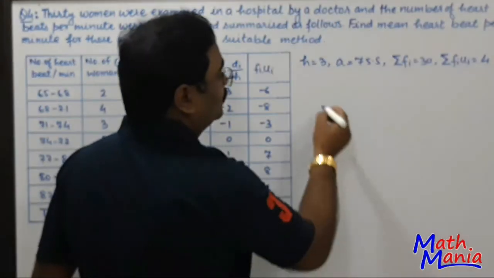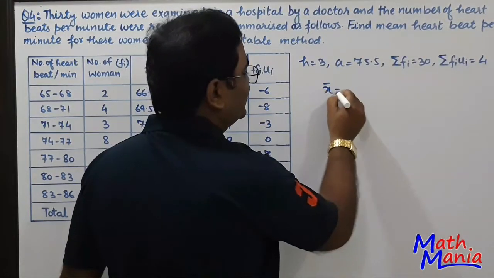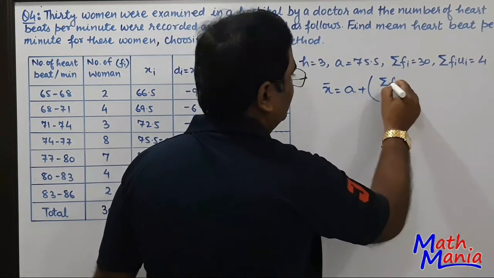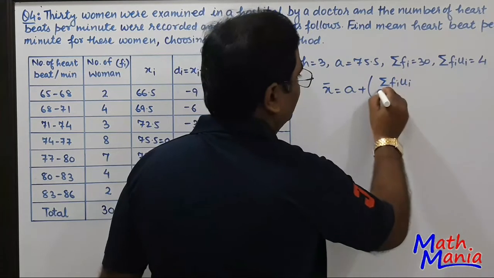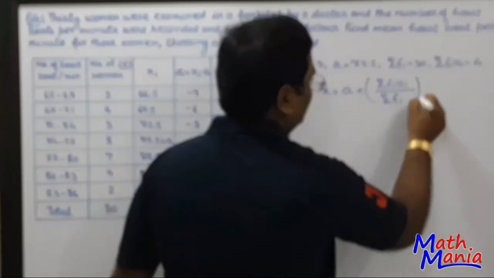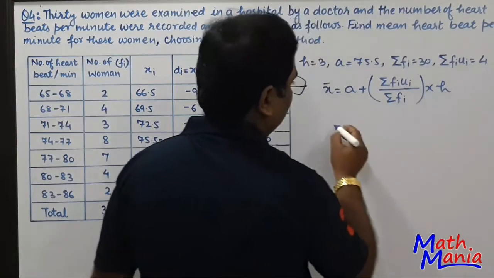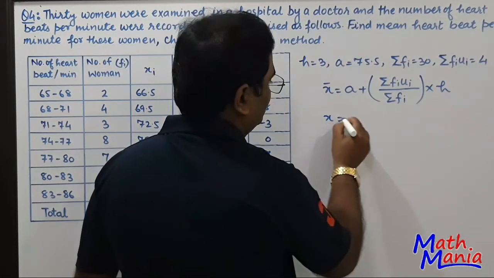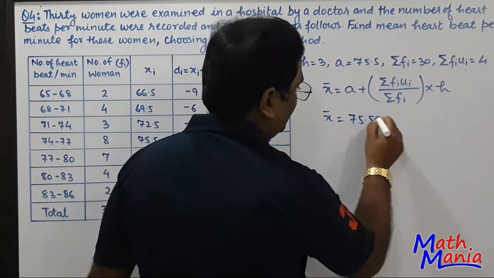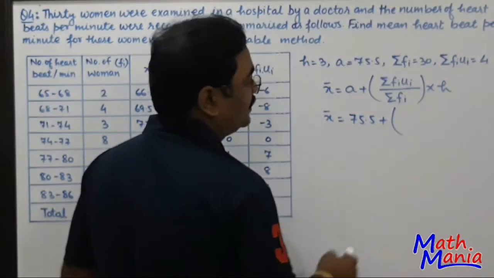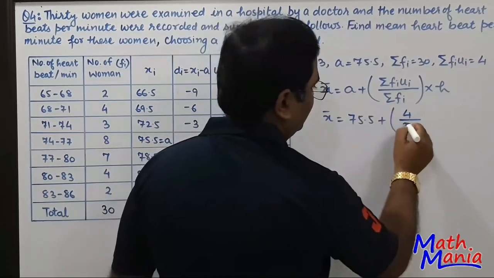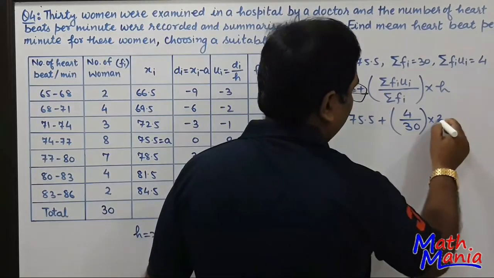Now write down the formula of x bar by the step deviation method: a plus summation fi ui upon sigma fi multiplied by h. So x bar is equal to 75.5 plus 4 upon 30 multiplied by 3.